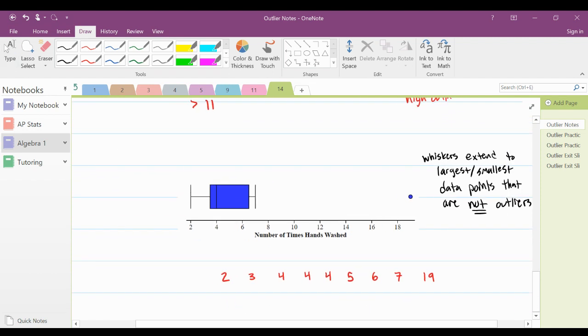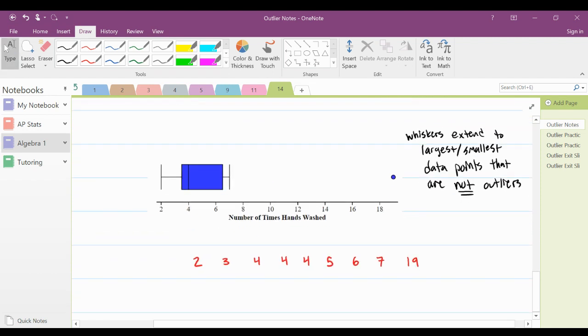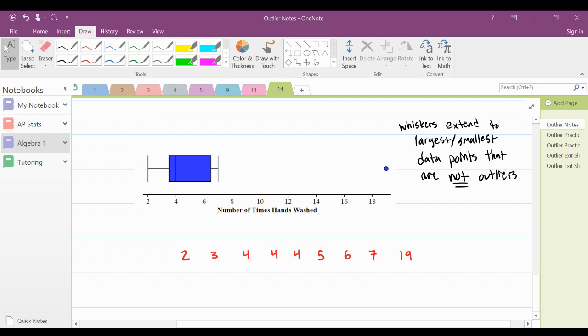If I were to make a box plot, which you have done before, and I already made this here with my data set, you can see my median, which was at 4, Q1, which was at 3.5, Q3, which was at 6.5. I've got my minimum here at 2, and typically we extend all the way to our maximum.